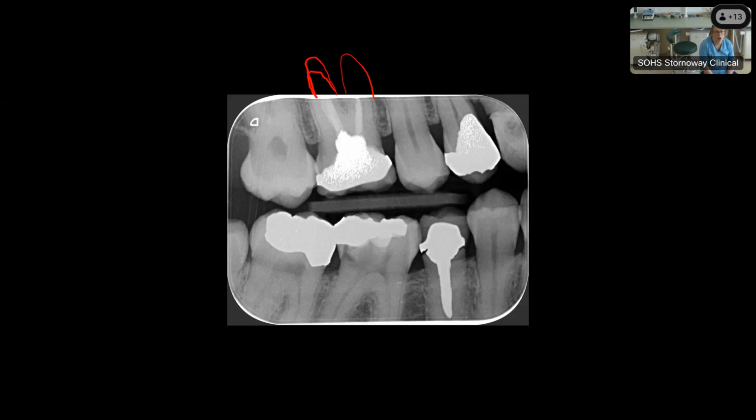We have to use our ALARP principle, as low as reasonably practicable. I'll come to you in a second, Kernis. Isn't the BPE your guidance for taking PAs and not the actual bone loss from bite wings?